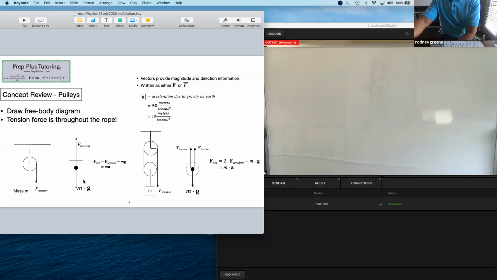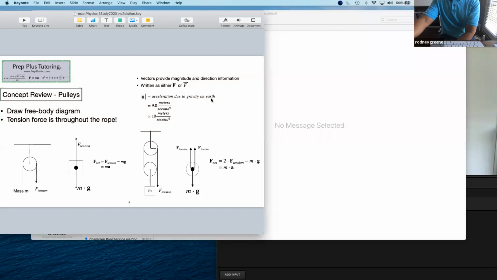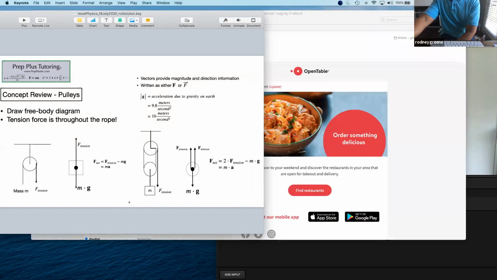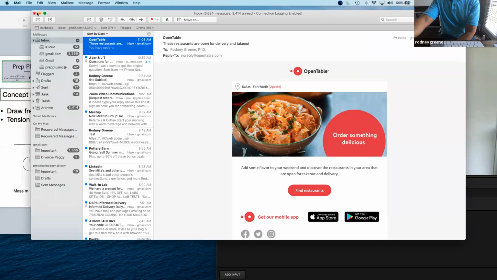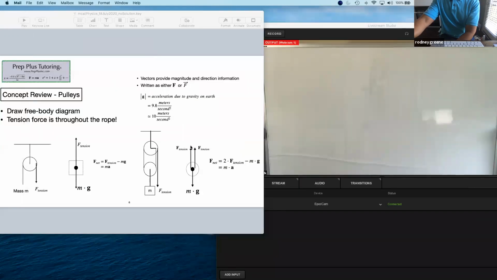And in this type of problem where gravity is acting, you have acceleration due to gravity on a particular celestial body. So some questions talk about something going on Earth, and some questions talk about something going on the moon or Mars or Pluto or some other celestial body.